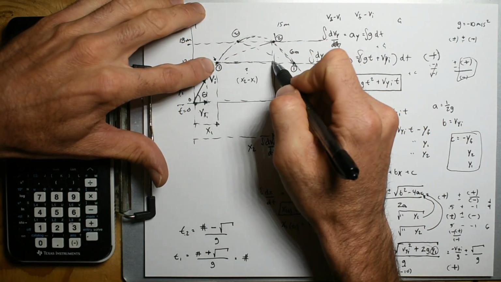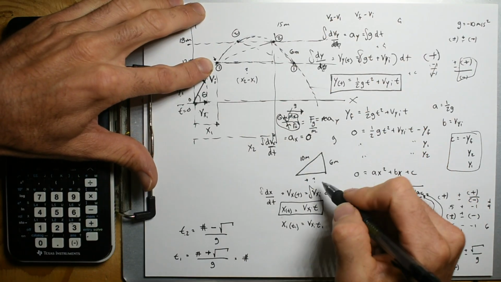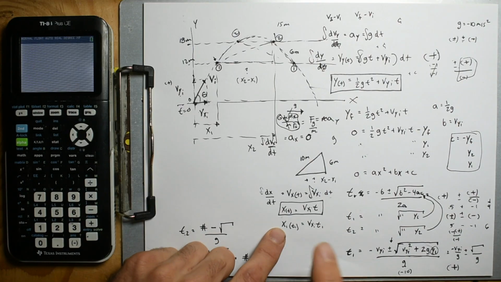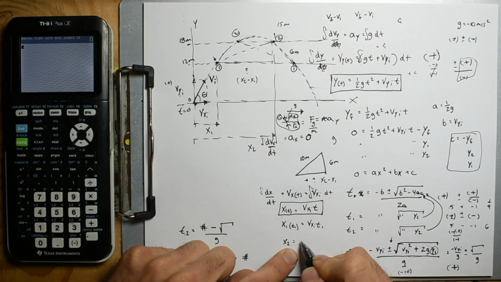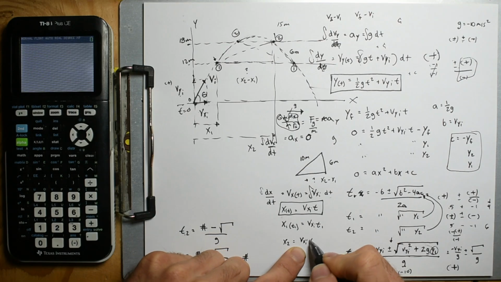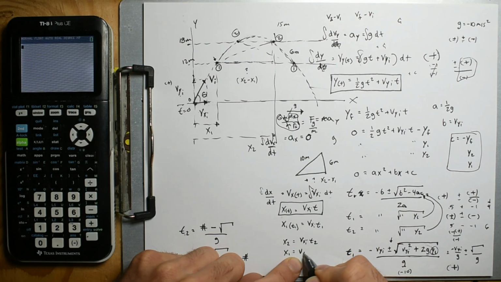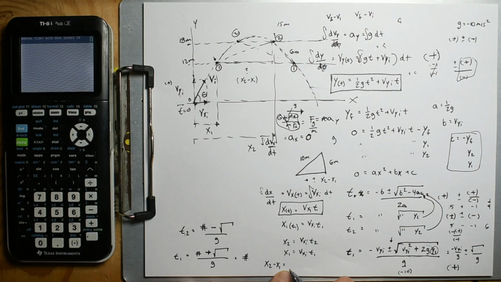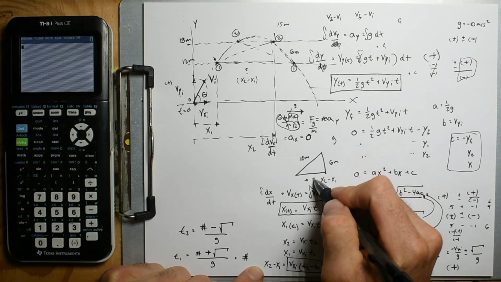So this distance is going to be x2 minus x1, where x2 is Vxi t2 and x1 is Vxi t1. Therefore, x2 minus x1, skipping a step, I factor out the Vx initial, and we have t2 minus t1. That is the distance I put right here.